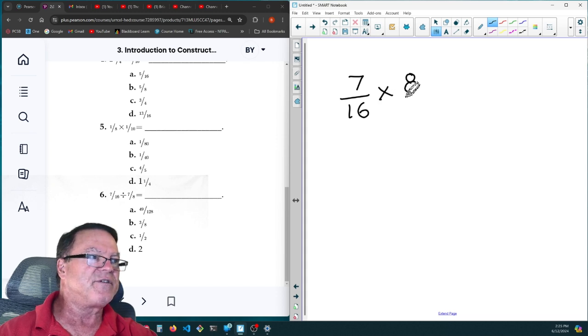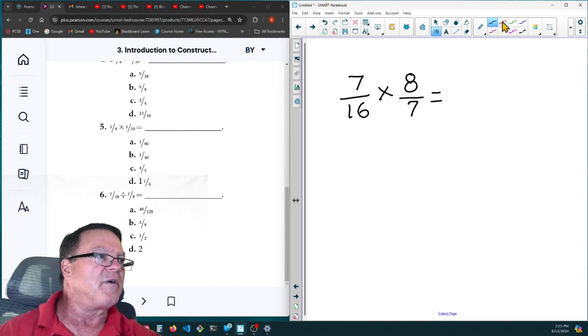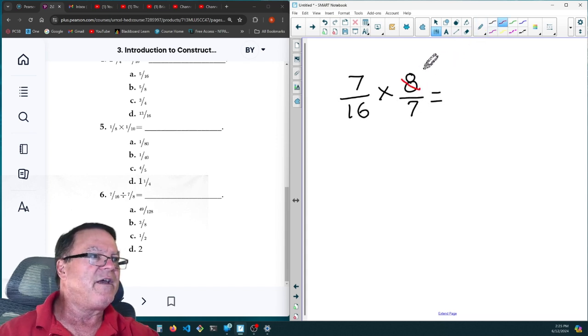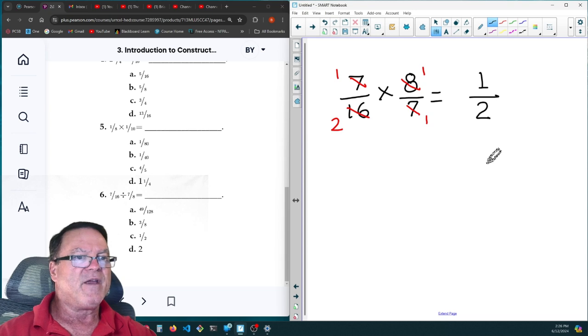I'm going to invert and multiply. And I'm going to cross cancel. 8 becomes 1 and 16 becomes 2. And 7 becomes 1 and 7 becomes 1. So 1 times 1 is 1, and 2 times 1 is 2. So 7/16 divided by 7/8 equals 1/2.